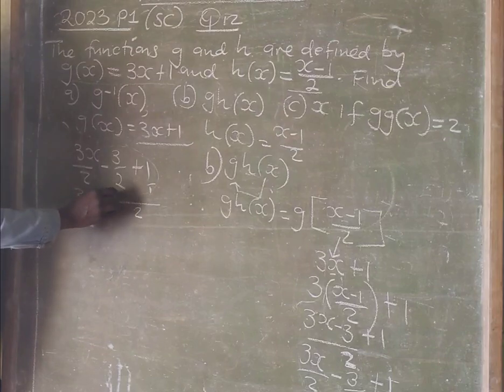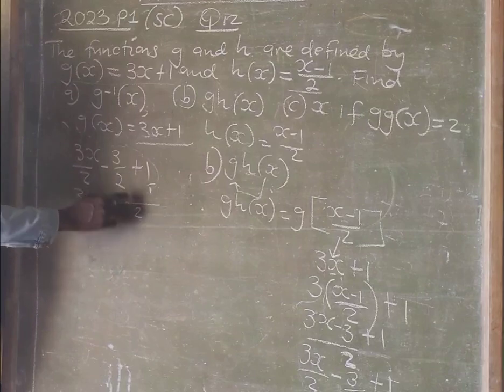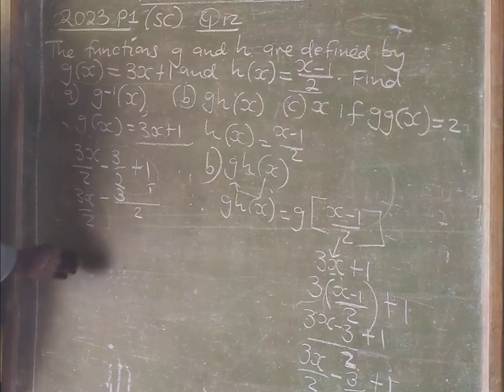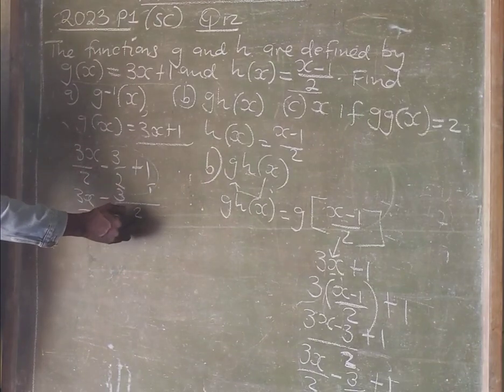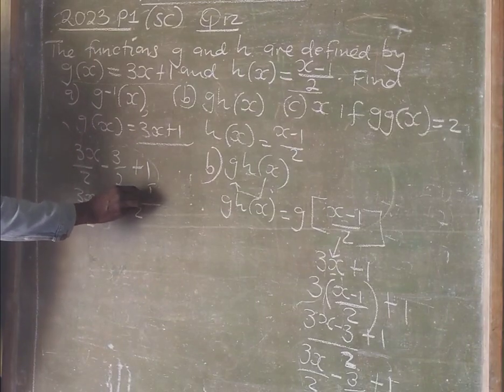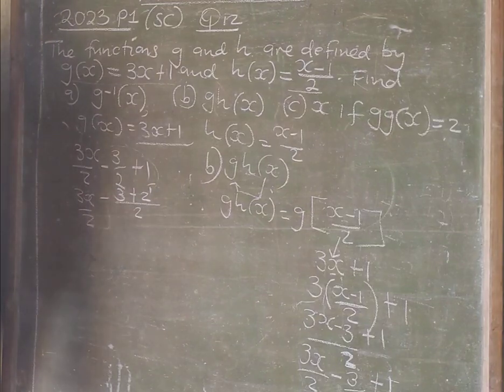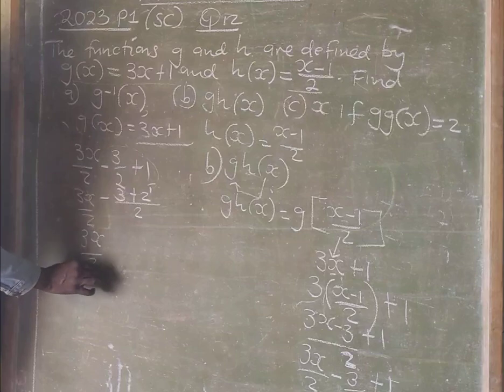Then we have minus 3, okay? So here we have 2 into, that is 1, yes, 3. And then 1 into 2, that is 2, multiplied by 1, that is positive 2. Okay, so in this case you have 3x divided by 2, negative 3 plus 2.